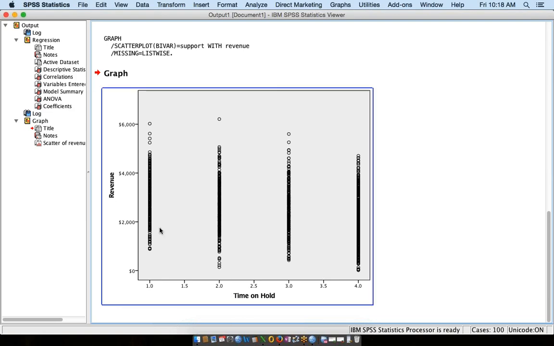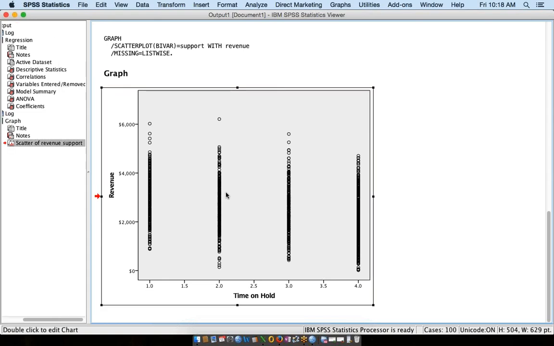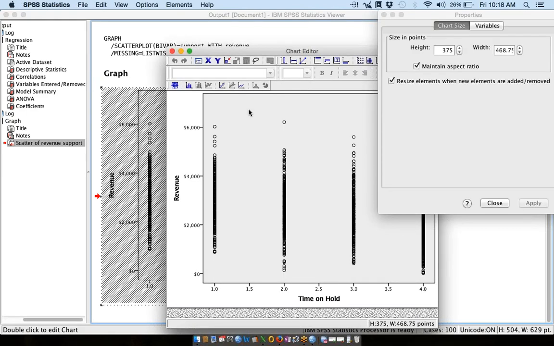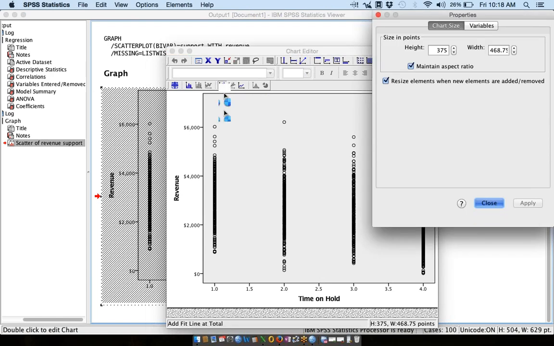But we know these really represent 1 to 2 minutes, 2 to 4 minutes, and so on. So we want to double click here, and we want to select our add fit line at total.